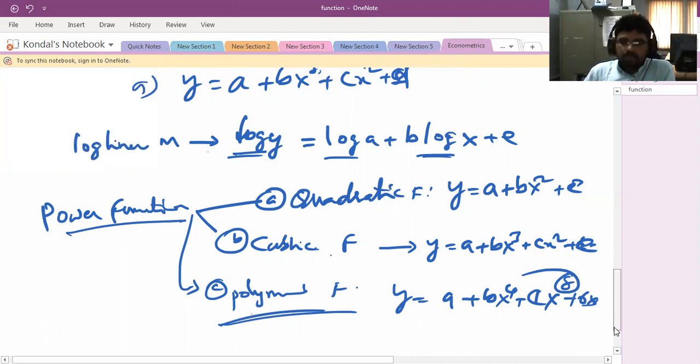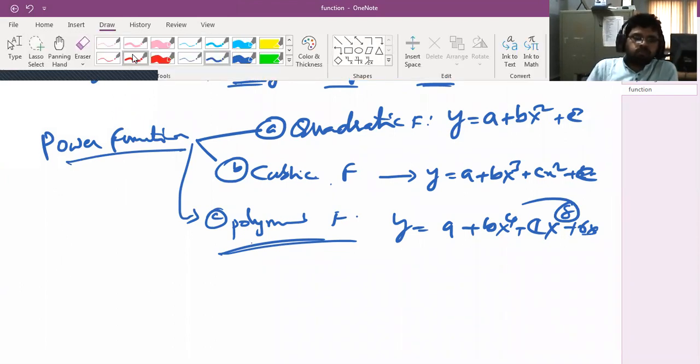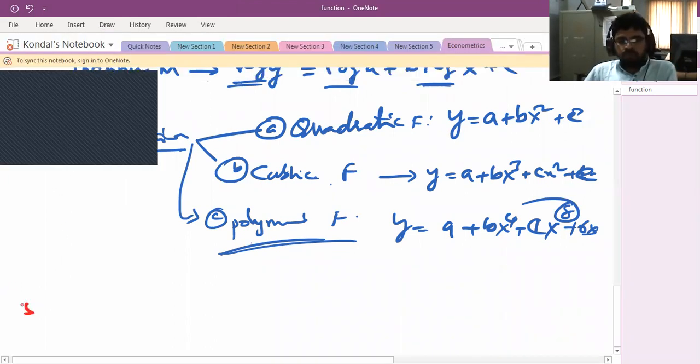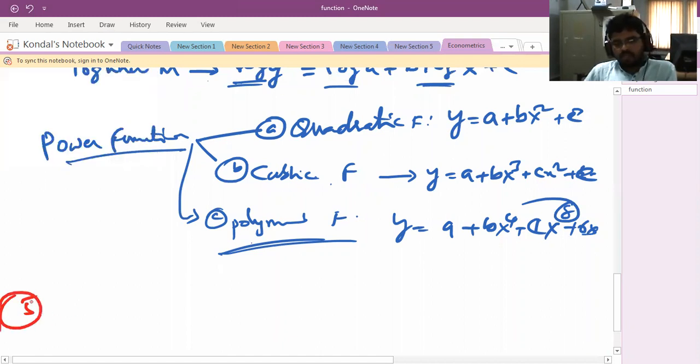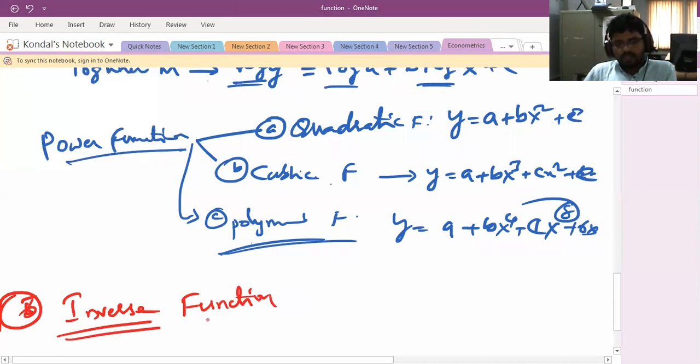Then the fifth or sixth one, the inverse function. What is the inverse function?